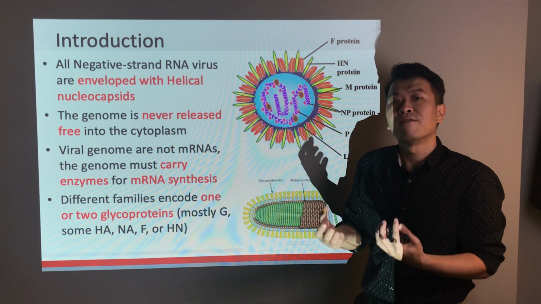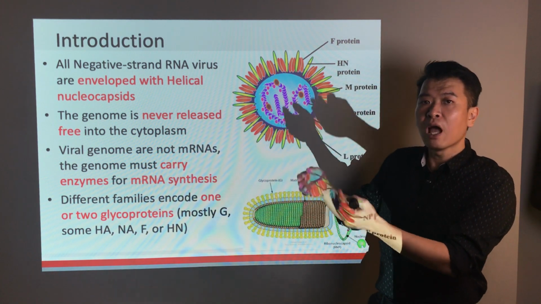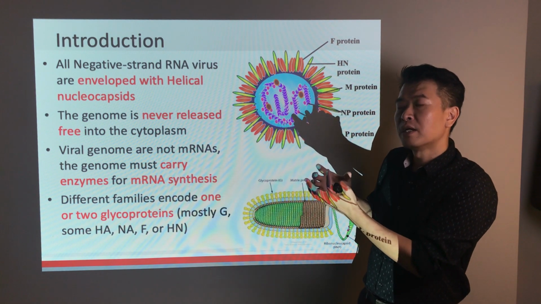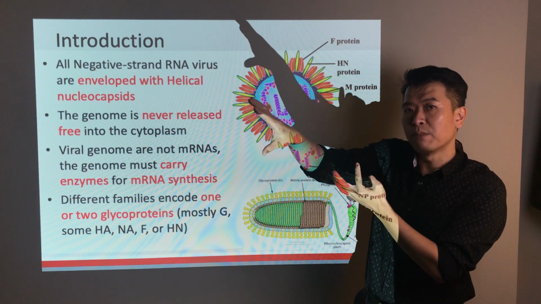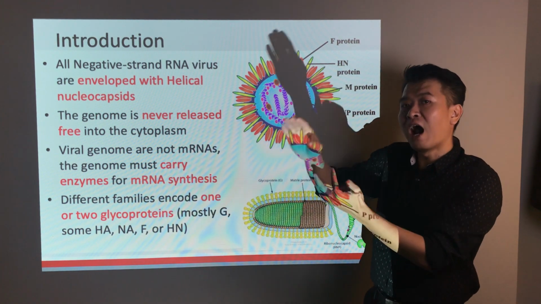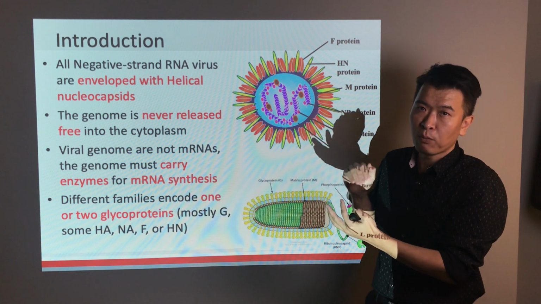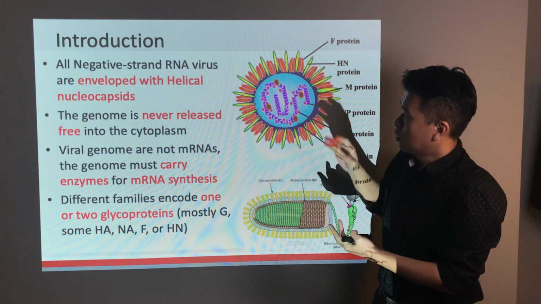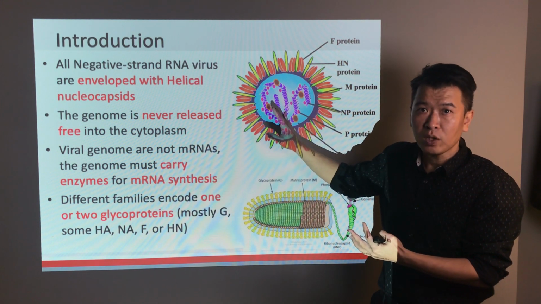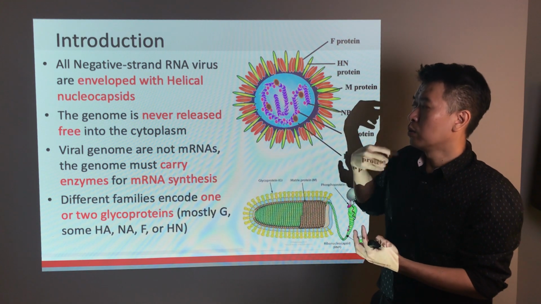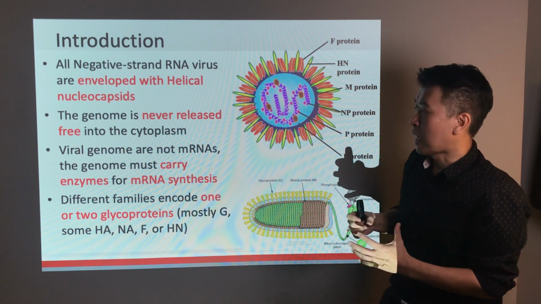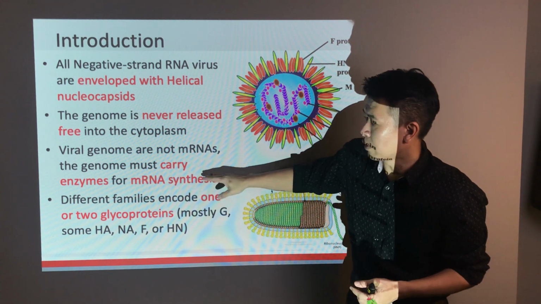We have DNA-dependent RNA polymerase, which reads DNA as template to produce RNA, but we do not have RNA-dependent RNA polymerase. So the virus must carry its own. We'll look at it in more detail when we take one of the viruses as an example to study in detail.